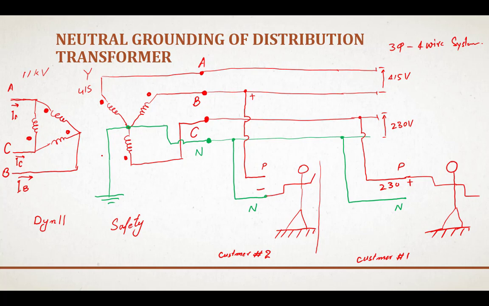Now these two conductors, phase and neutral, will be considered as live and ground. It means now everyone knows that if somebody will be in contact with the live wire, that person will experience a shock. And if someone will be in contact with a neutral, nothing is going to happen because neutral is at the same potential as ground, as this person who is in contact with that neutral terminal.